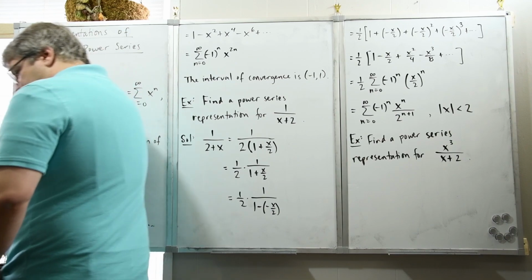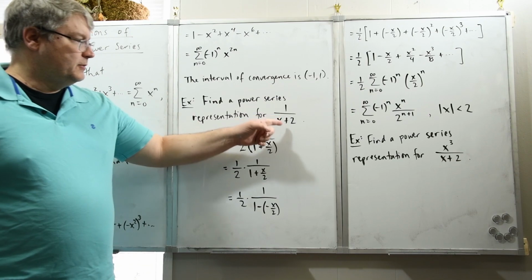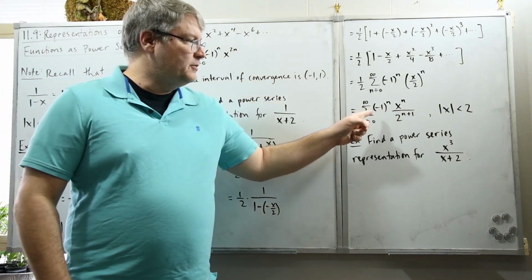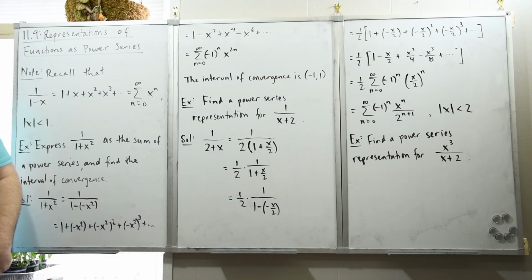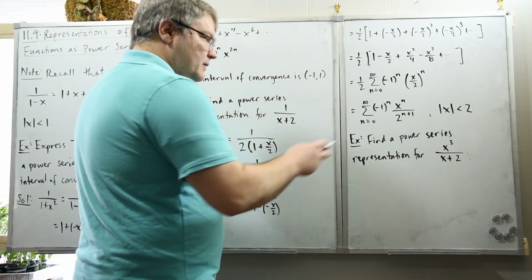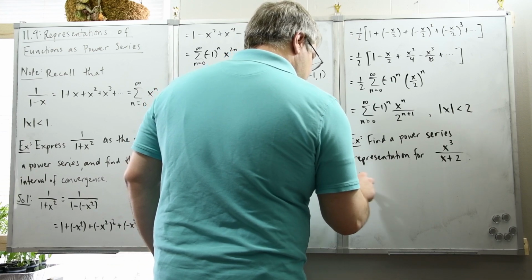And in this case, we'll find a power series representation for x cubed over x plus 2. Now, let's bear in mind that 1 over x plus 2 is represented by this series. But let's also keep in mind that x cubed over x plus 2 can be written in the following fashion.